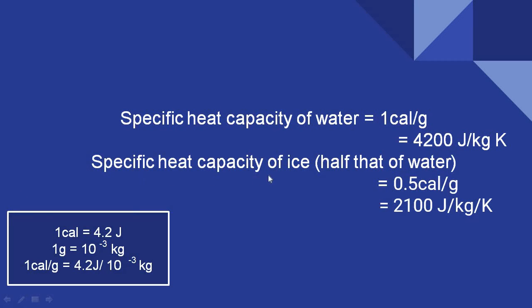And this quantity is also something which can be easily remembered. The specific heat capacity of ice is half that of water. So, it will be 0.5 calorie per gram or 2100 joule per kilogram Kelvin.